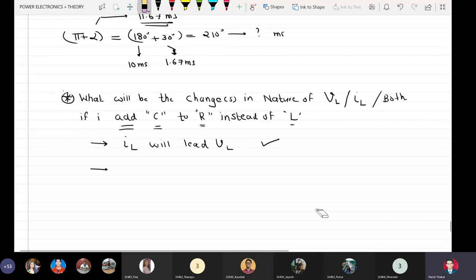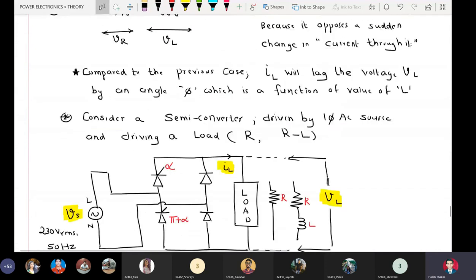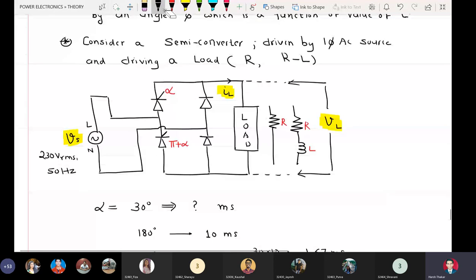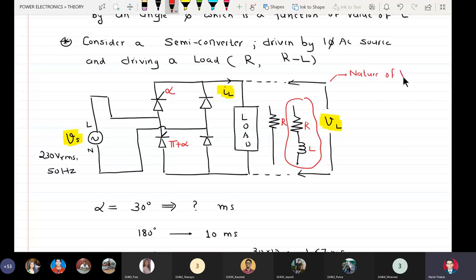You know why I asked you is that when we were discussing the inductive load, we concluded that when I add an inductance in series with the load, my first conclusion is that the nature of the VL waveform does not change.